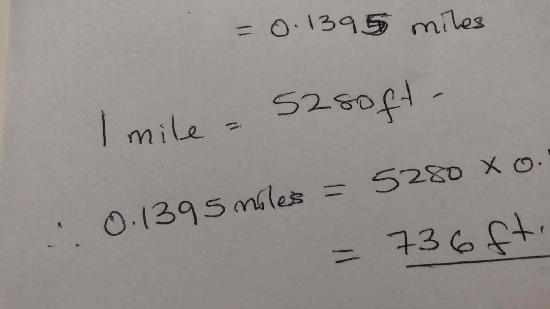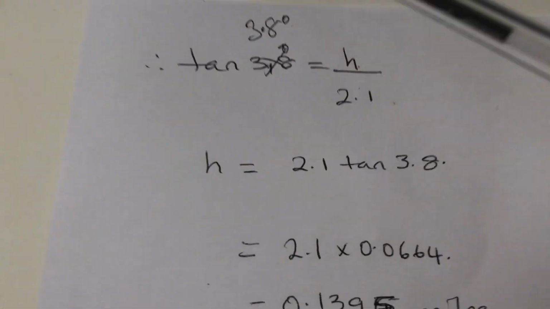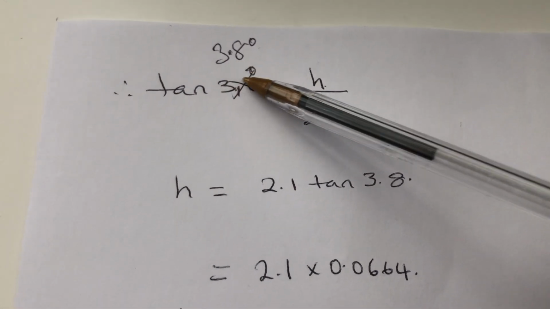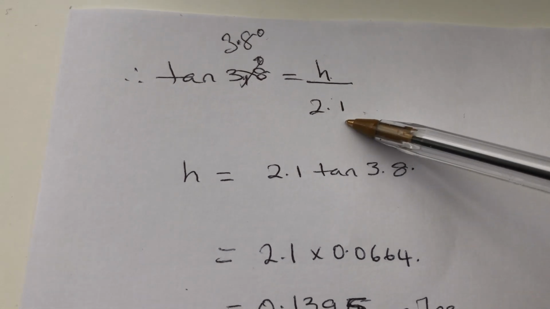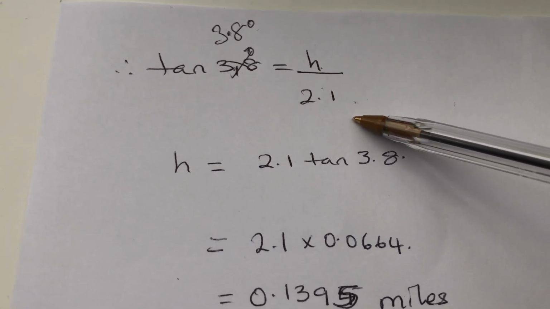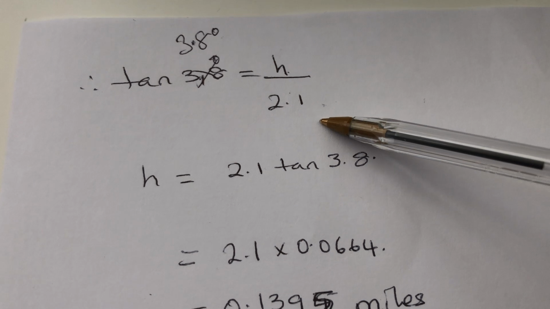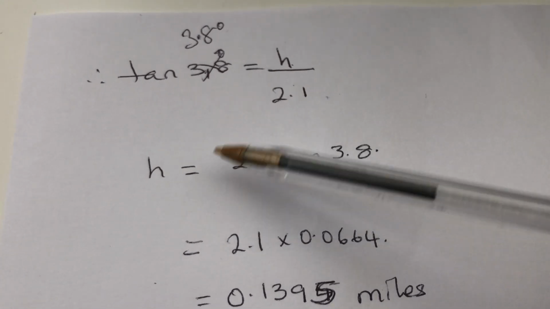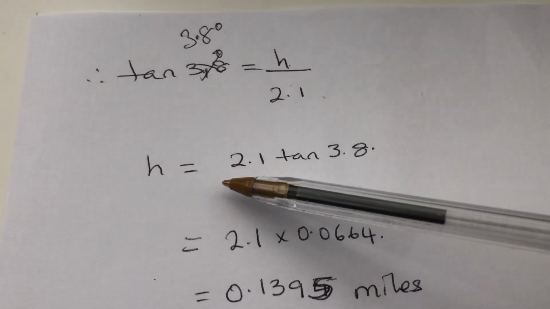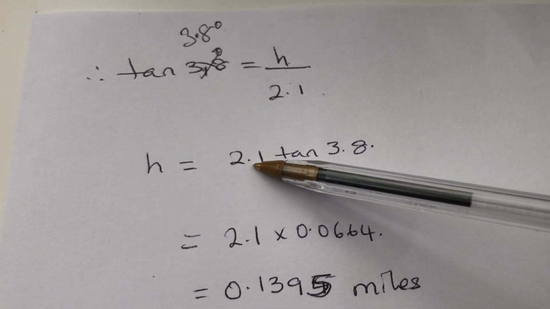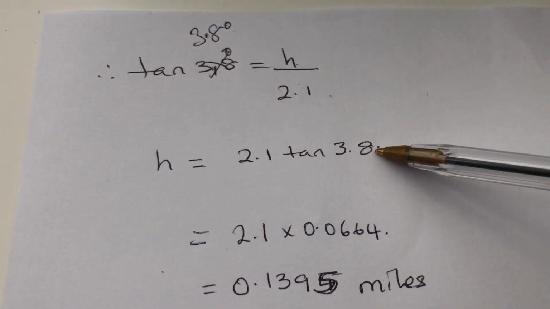So tan of 3.8 equals the height over 2.1, and the height h will be 2.1 tan 3.8.